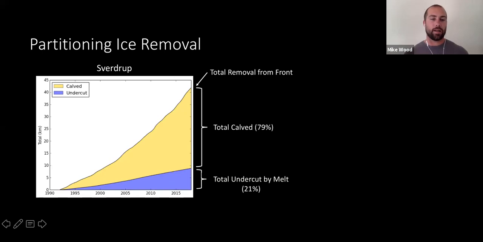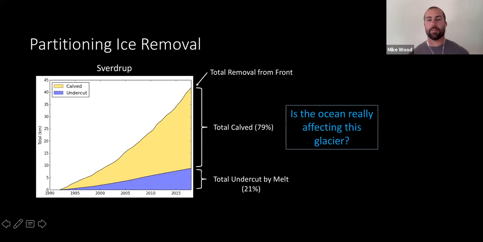And what we see by 2017 is that about 4/5 of the removal of ice at Sverdrup was really driven by the calving of icebergs. And in this perspective, ocean melt actually has a very small component of the ice loss. So you might be tempted to ask, is the ocean really affecting this glacier at all when such a small amount of the ice being lost is being done by the ocean?